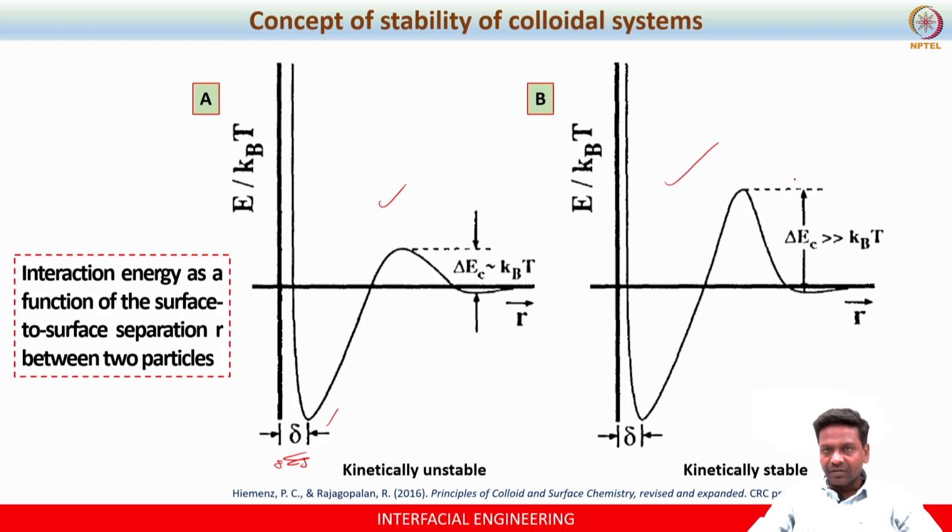Such a system is called a kinetically stable system. Here this primary maxima, this barrier, is given in terms of kBT. If the energy barrier is several times greater than kBT, which is the thermal energy, then the particle will not be driven up to this point, that is the primary minima. Such a system is called a kinetically stable system.